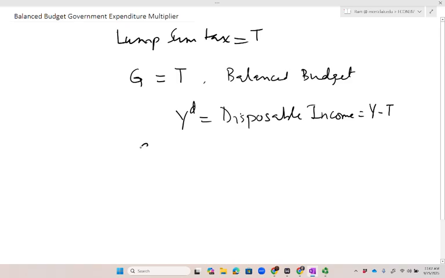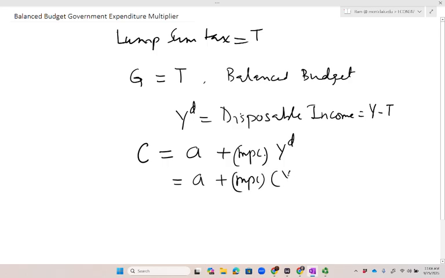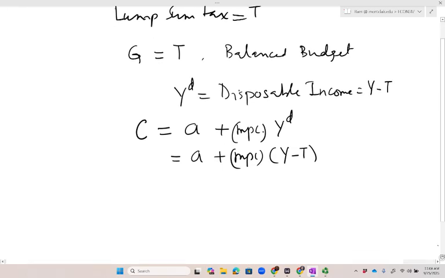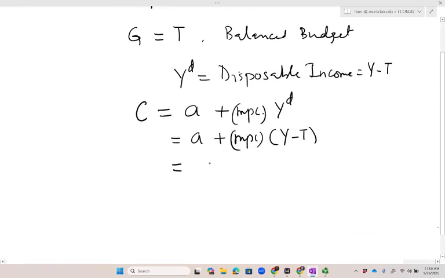I will start with first the household consumption C being sum of autonomous consumption plus marginal propensity to consume multiplied by the disposable income. I can rewrite it as A plus marginal propensity to consume times Y minus T. We can simplify the terms in the parentheses as A plus marginal propensity to consume times Y minus marginal propensity to consume times the taxes.